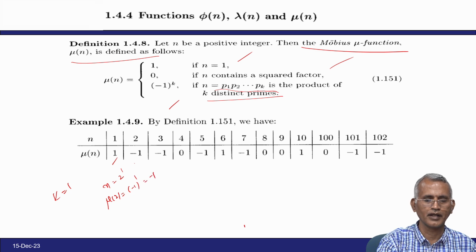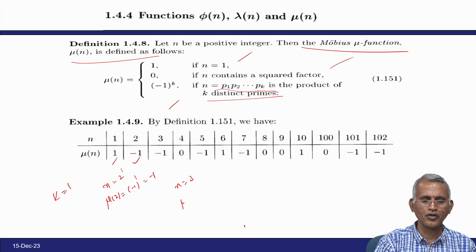So, minus 1 is coming. If n equal to 3 you take it, mu of 3 is not 1, and it is also not a square, therefore it is a product of primes, 3 power 1.